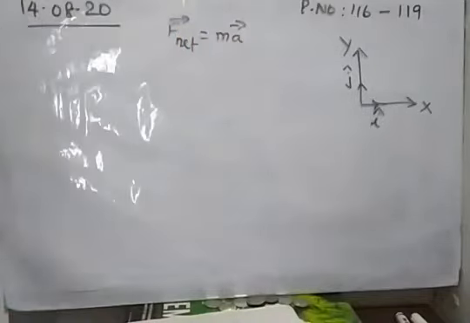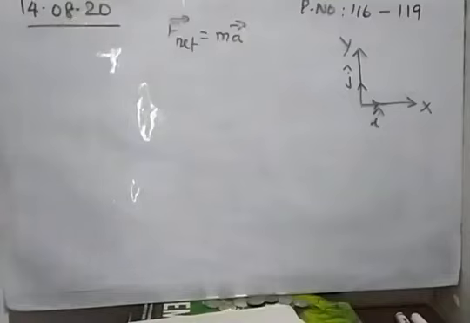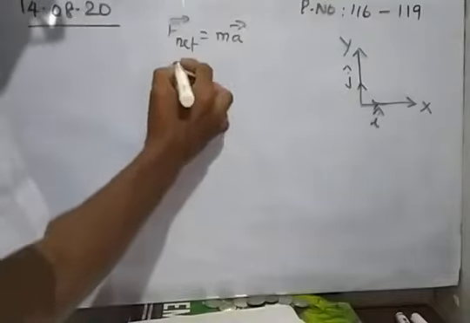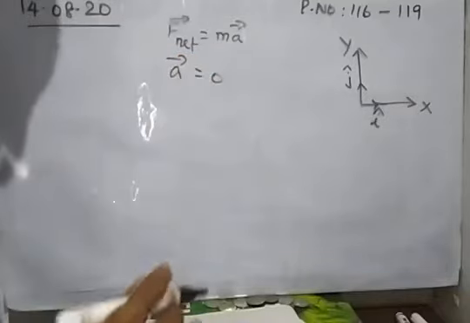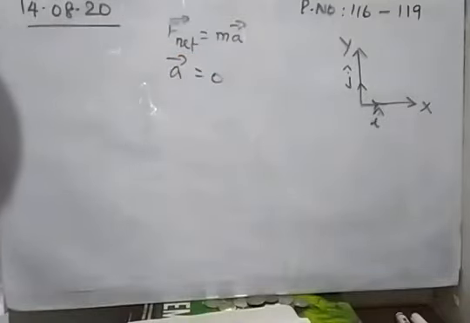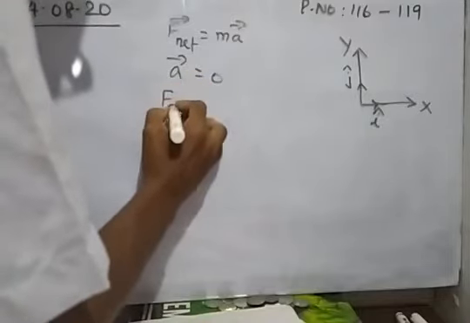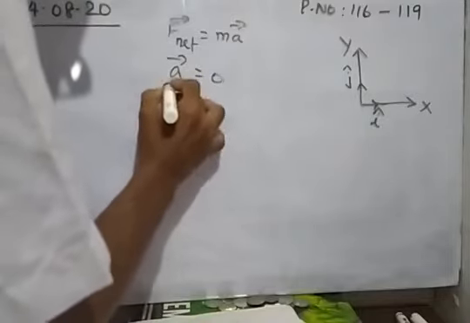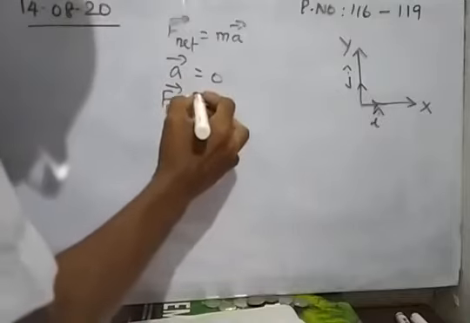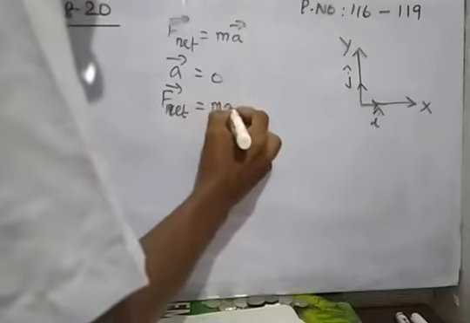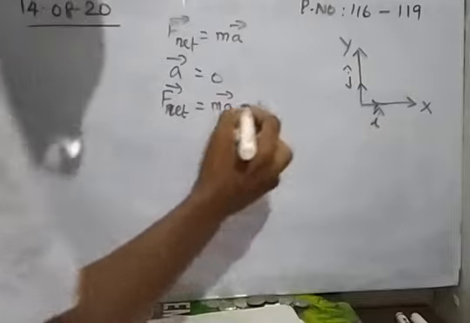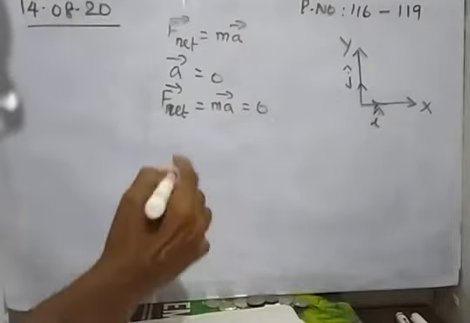Now, as the mango is at rest in position, the acceleration vector A is equal to 0. Then we are able to say that the net force is equal to m into A vector, which is equal to 0.